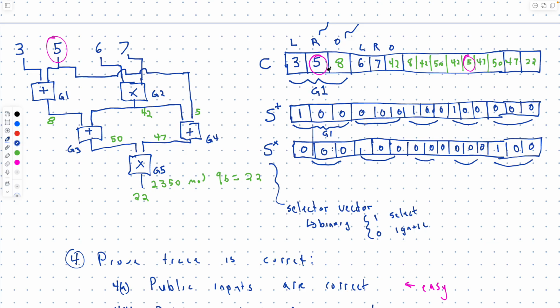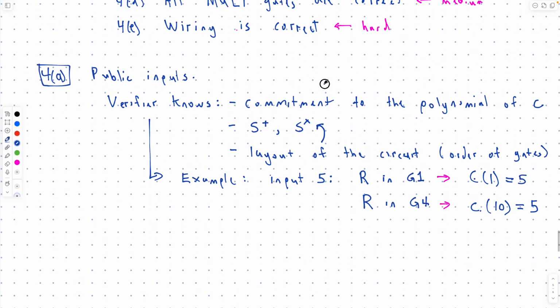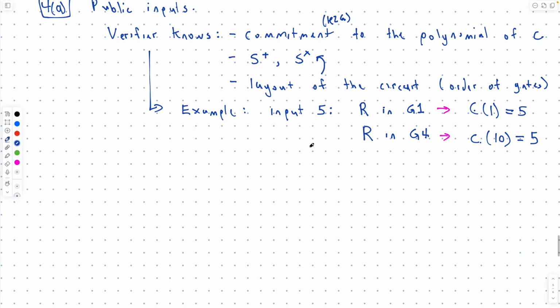Okay. So what I'll do is I'll have a commitment. I'll write KZG here. So what the prover will do is they will just run KZG selective reveal, or open.